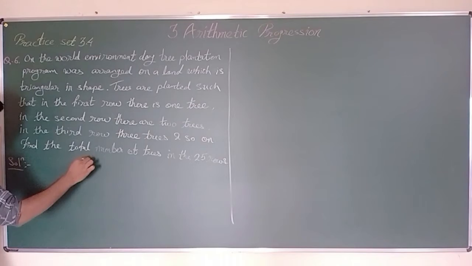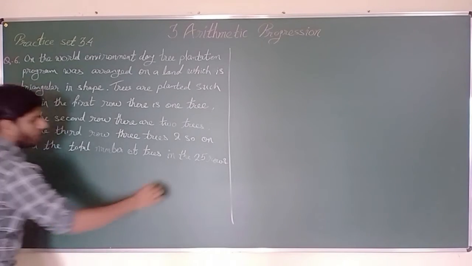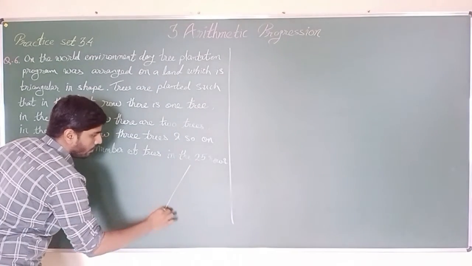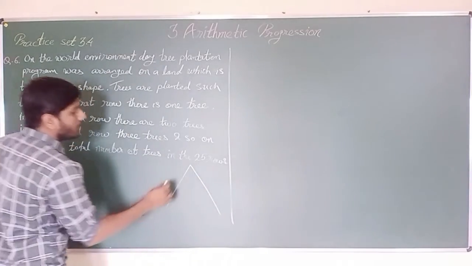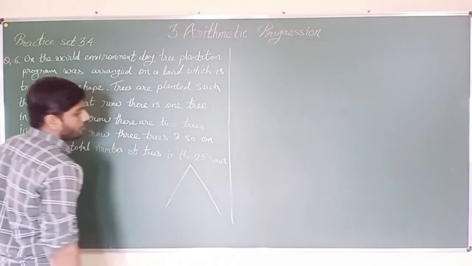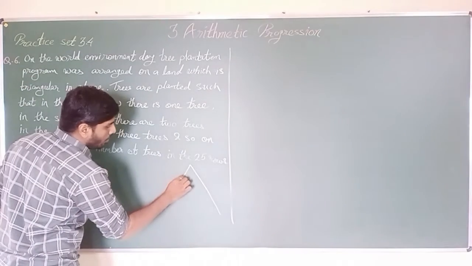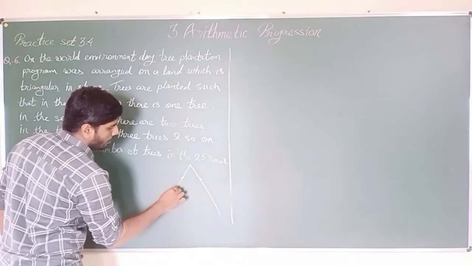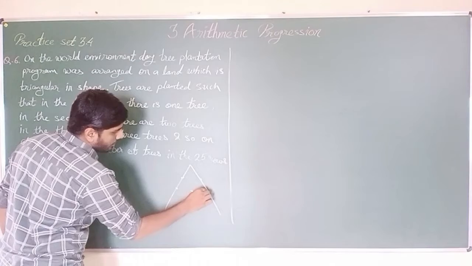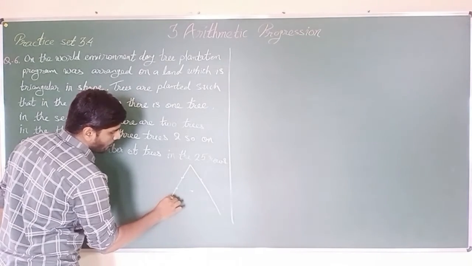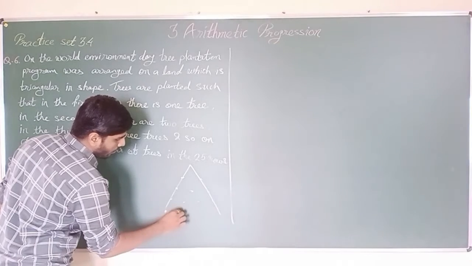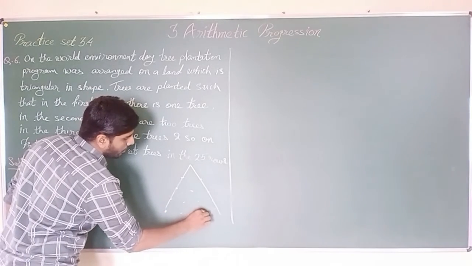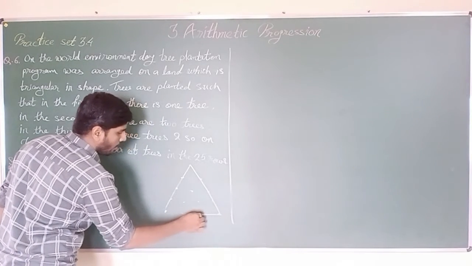Now this land will look like this, which is triangular in shape. So there is one tree in the first row, two trees in the second row, three trees in the third row, four trees in the fourth row, five trees in the fifth row, and so on.